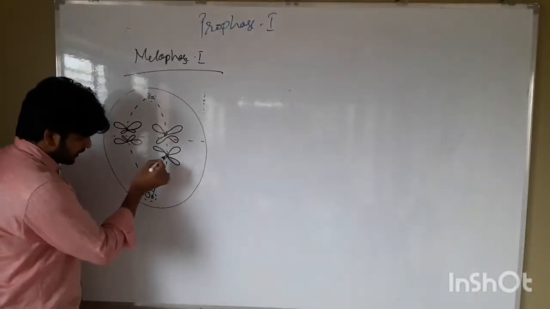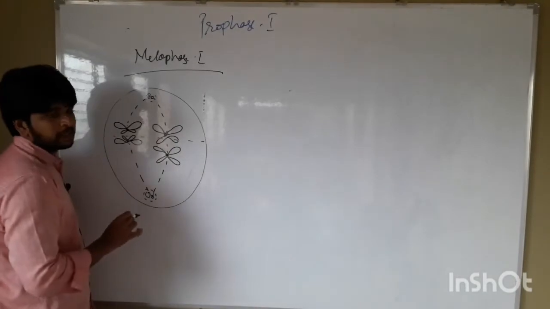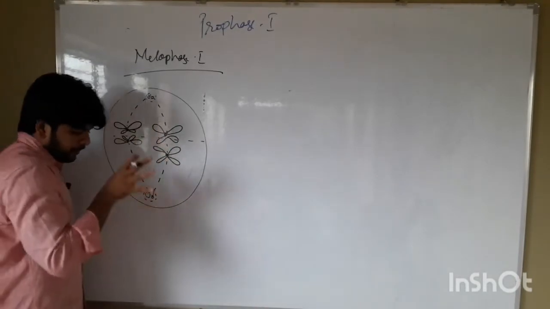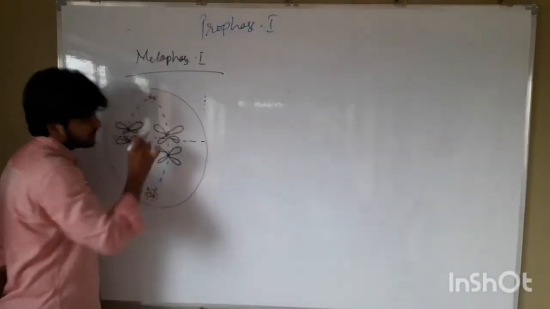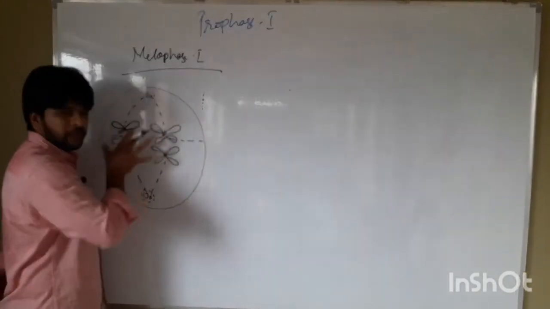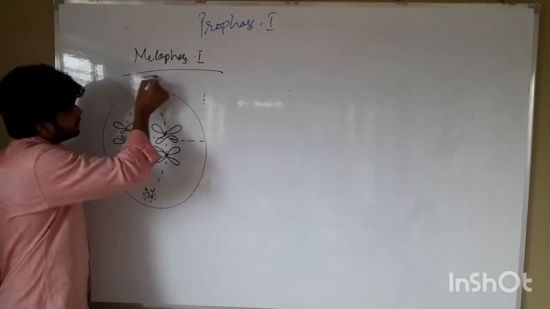These spindle fibers attach to the kinetochore of the centromere, and as a result all the paired homologous chromosomes occupy the central position of the cell. This is the distinguishing feature of metaphase 1.